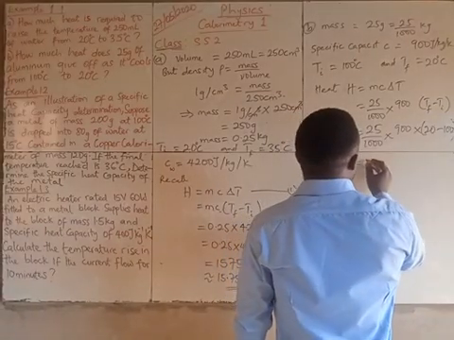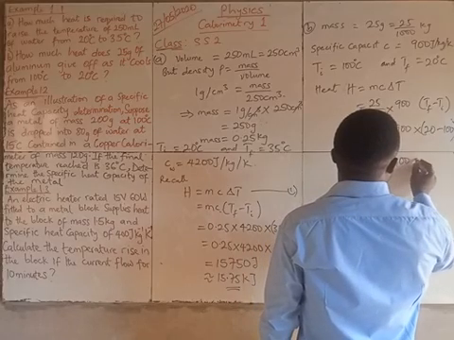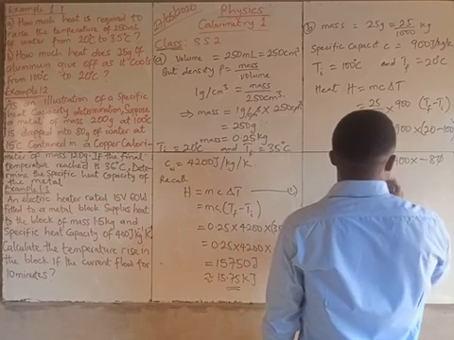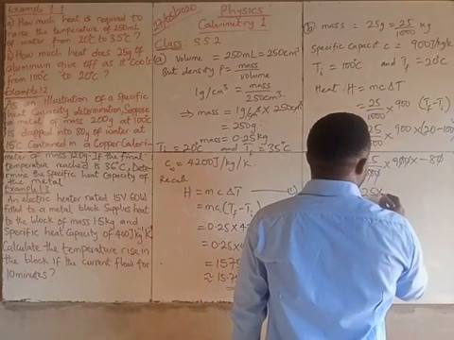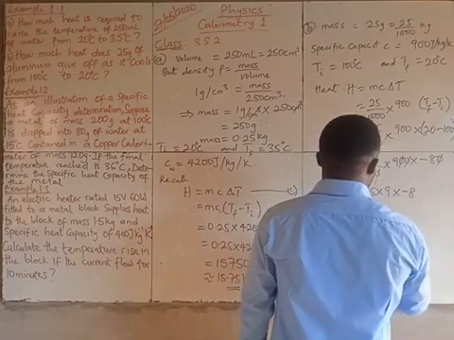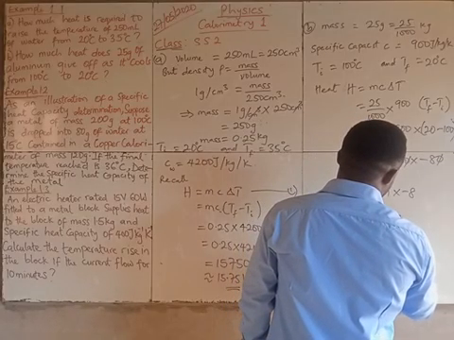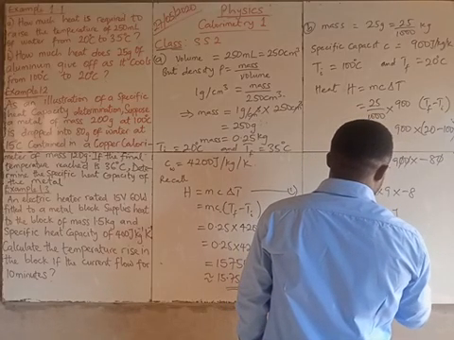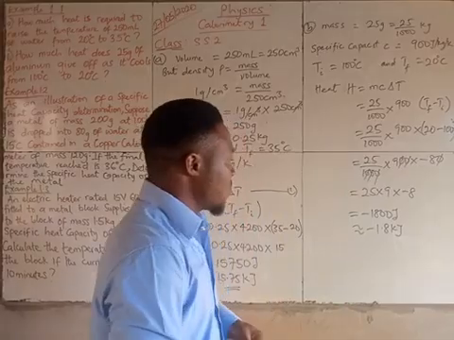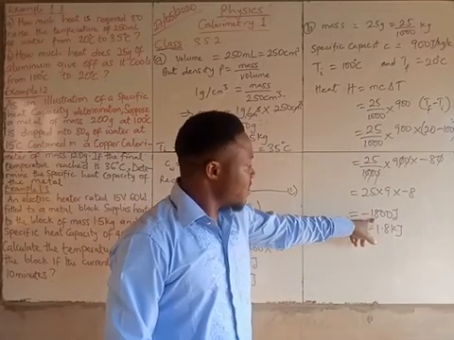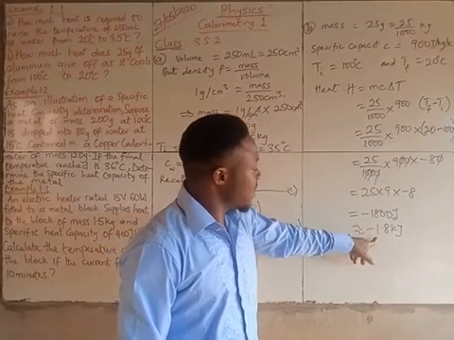And this will be 25 over 1000 times 900 times minus 80. This cancels this, 0 cancels 0, 0 cancels 0. You are left with 25 times 9 times minus 8, which is going to be minus 1800 joule, or approximately equal to minus 1.8 kilojoule if you divide by 1000. The negative there implies that heat is lost.